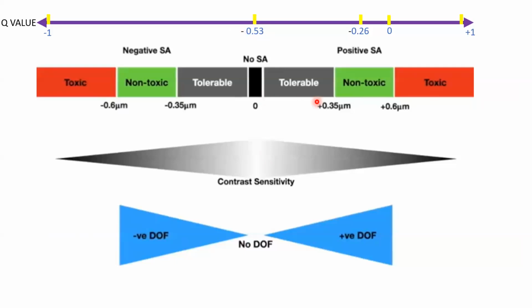As the spherical aberrations increase, the contrast sensitivity is going to decrease. But as we know, as the spherical aberration increases, the depth of focus also increases, but there is a limit to which we can tolerate the spherical aberration, and there is a fine balance between increasing the spherical aberration and having a good depth of focus.